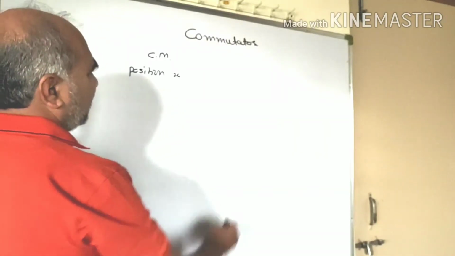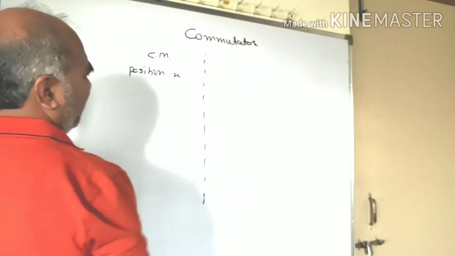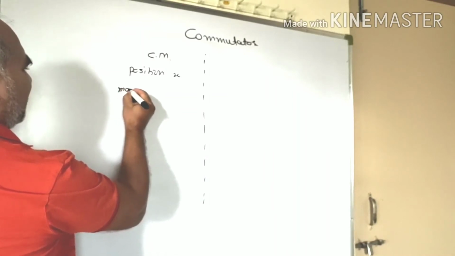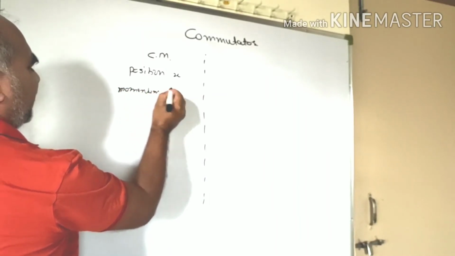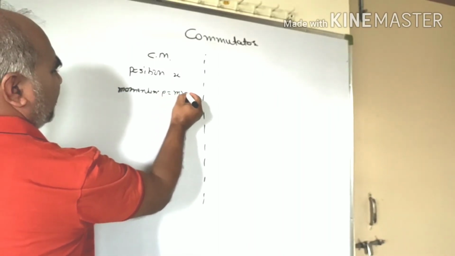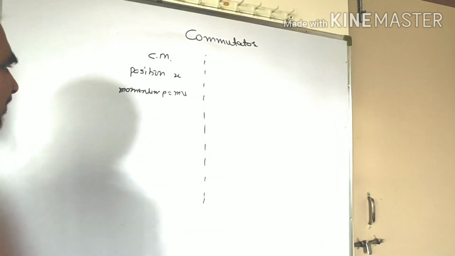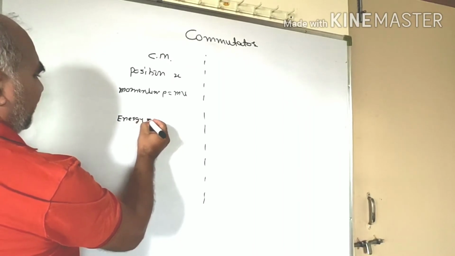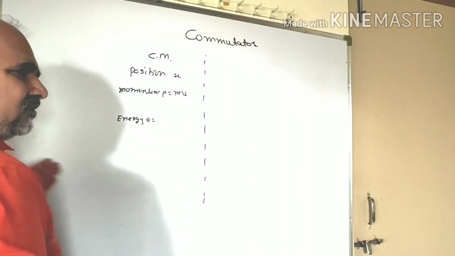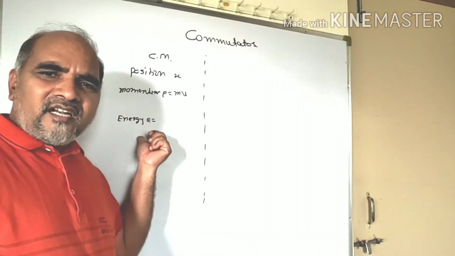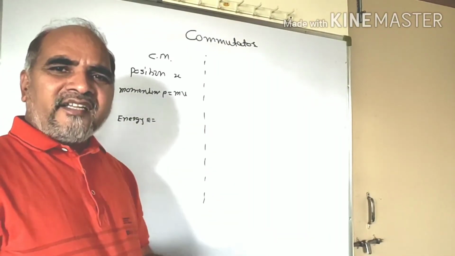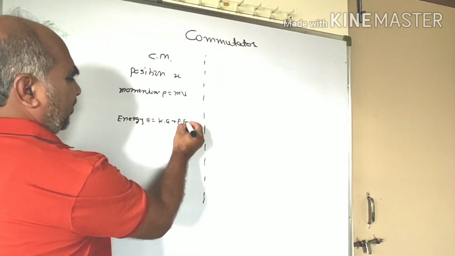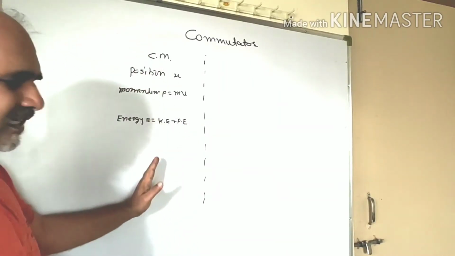Another is momentum, p is equal to mass into velocity. Then energy E is the total energy, which is kinetic energy plus potential energy. So these are the classical quantities.